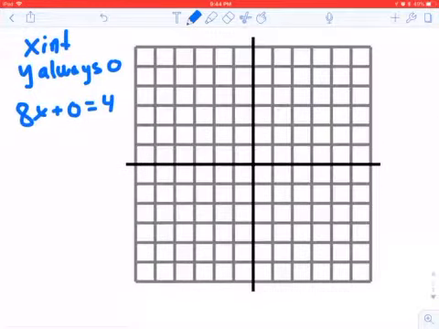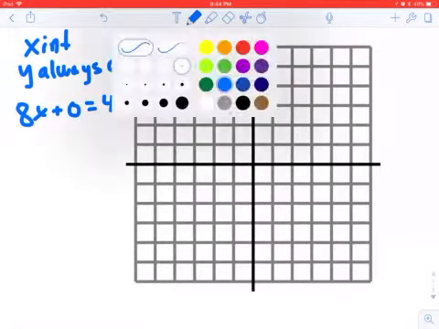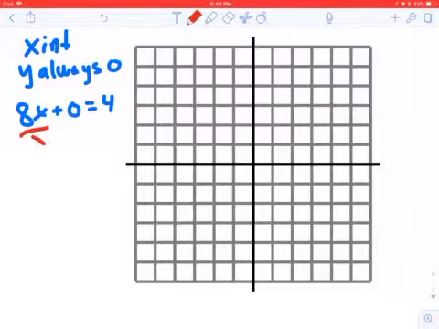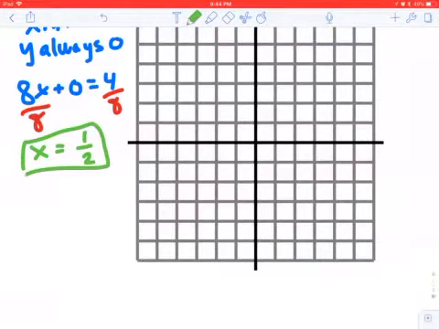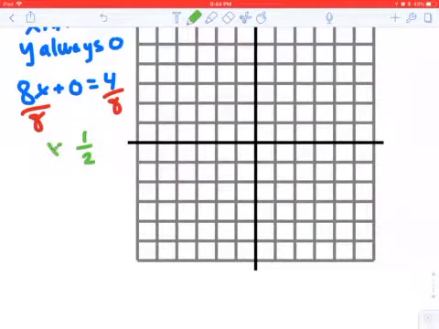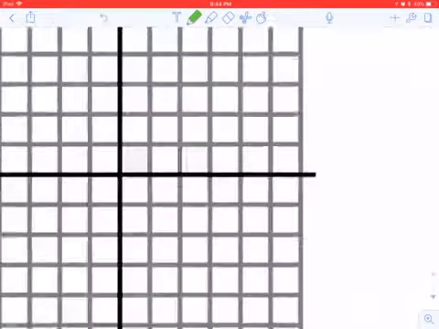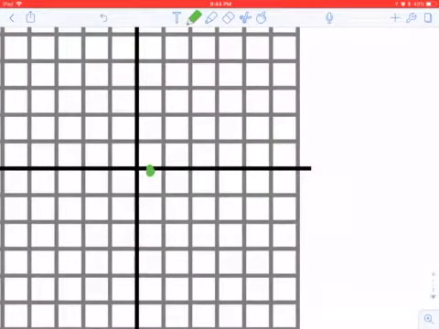I see that 8x is equal to 4. I need x by itself, so I'm going to divide both sides by 8. And you see I get x is equal to 4 over 8. That's the same as 1/2. So that is my x-intercept. Your x-intercept is 1/2, so I can go on my 1/2, which is in the middle right there.